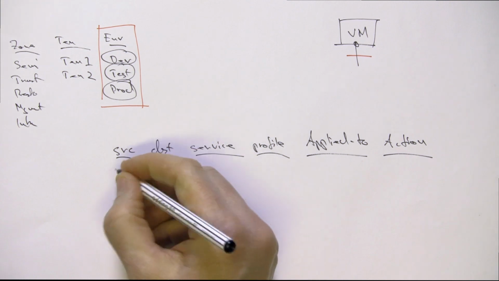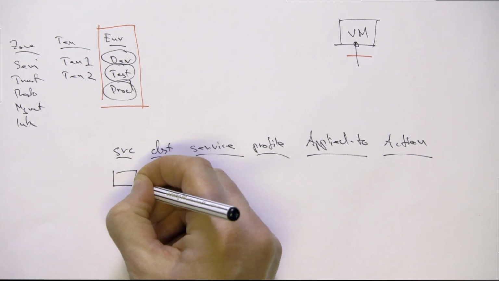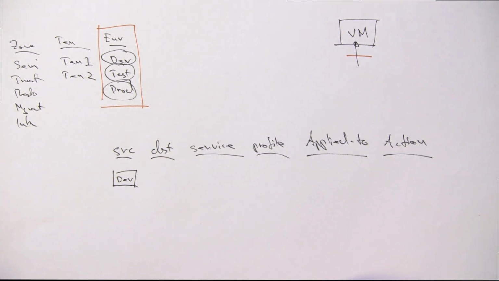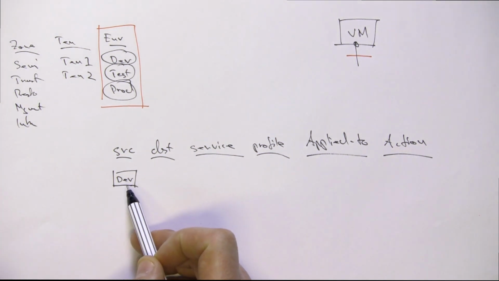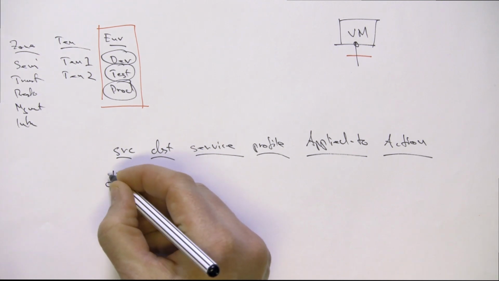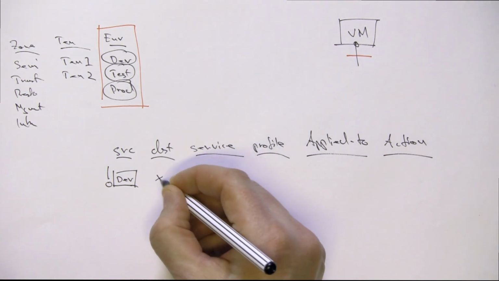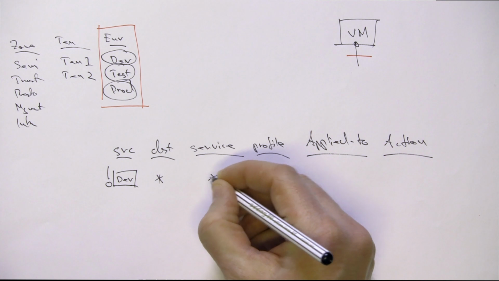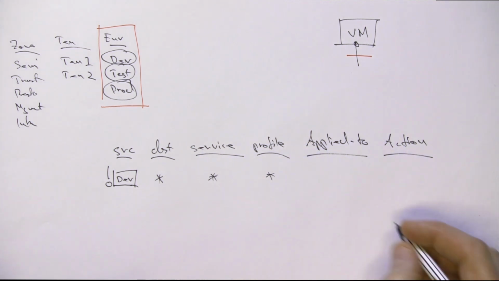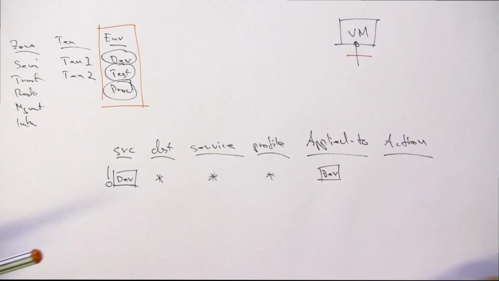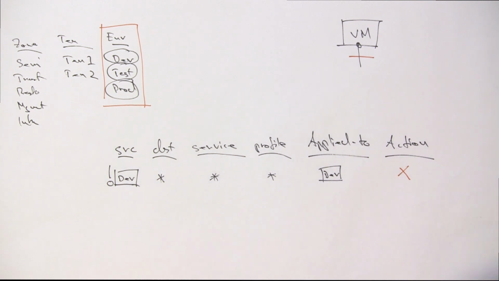Imagine that I design my rule set like this. On the dev security group, I say if the security group is dev negated, so the exclamation mark here means negated, and the source is any, the service and the profile is any, and then I say apply to the dev security group, and the action is block.